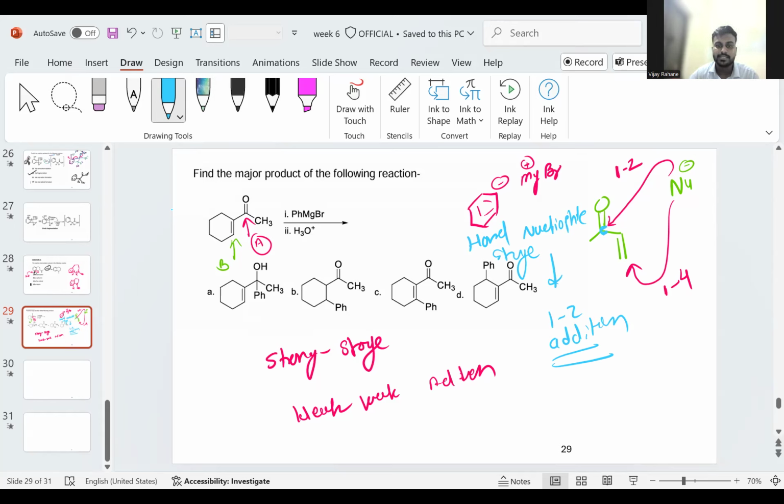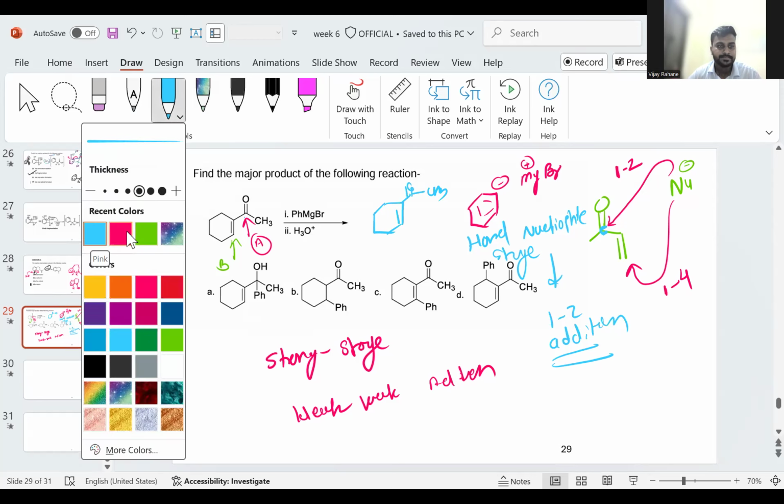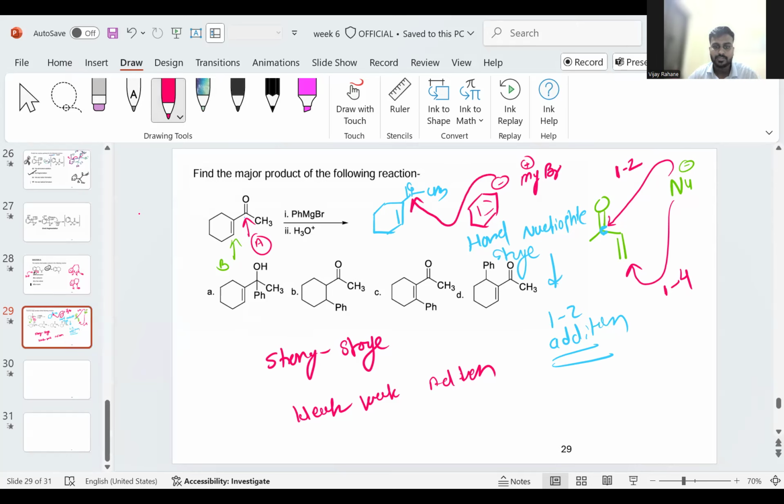So this phenyl magnesium bromide attacks by the A pathway. The attack takes place in this manner here. So the correct answer among these is A. The A option is the correct option.